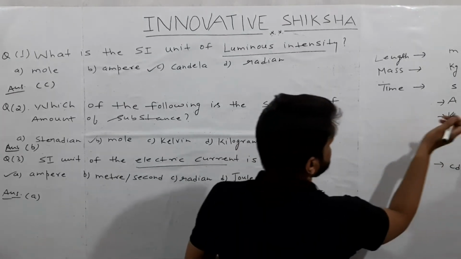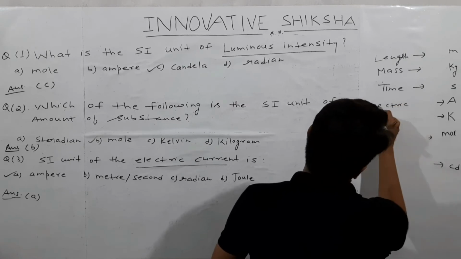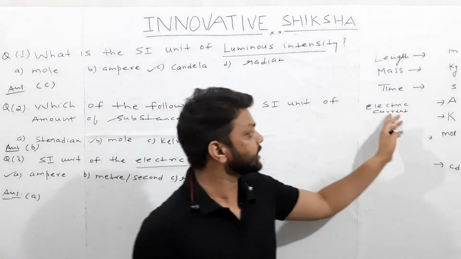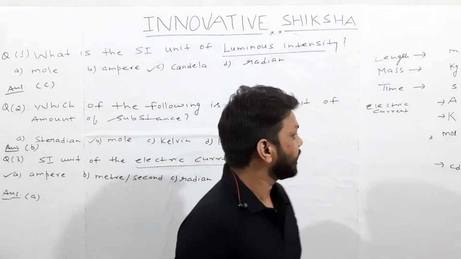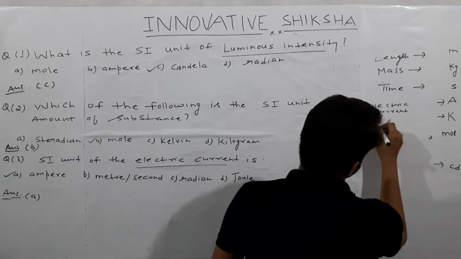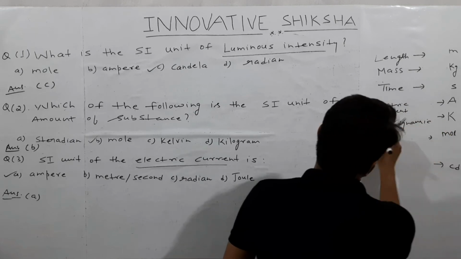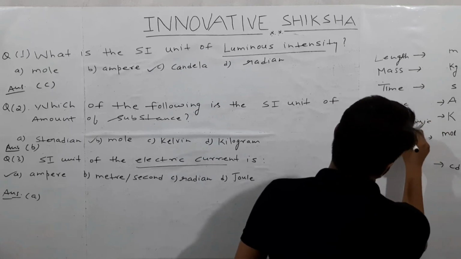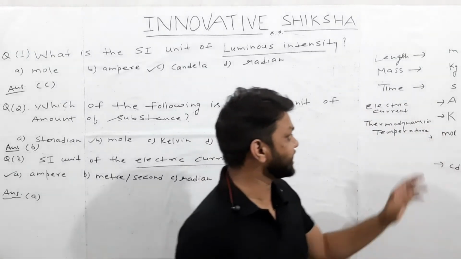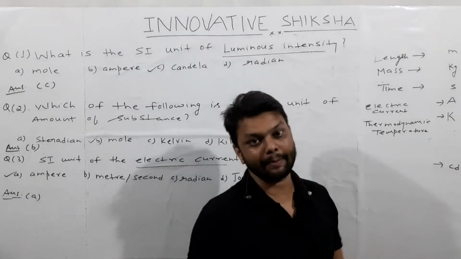The next physical quantity, electric current, has the SI unit ampere, represented by capital A. The next physical quantity is thermodynamic temperature. The SI unit for thermodynamic temperature is Kelvin, represented by capital K.